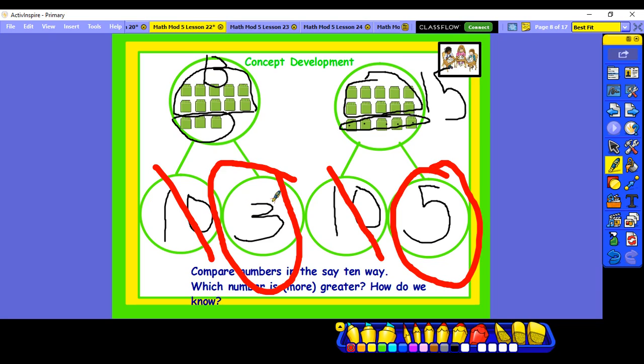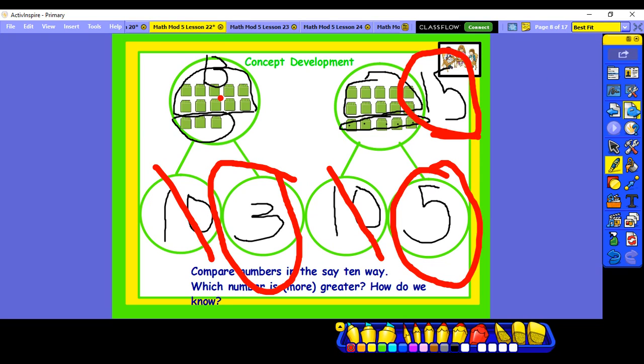Here, my leftovers are 3. In 15, my leftovers are 5. 5 is more than 3. So 15 is greater than 13.